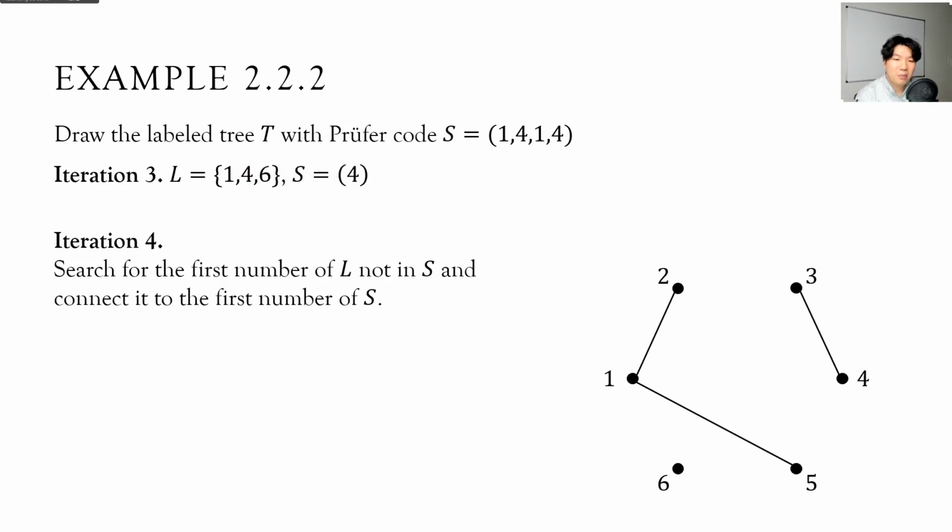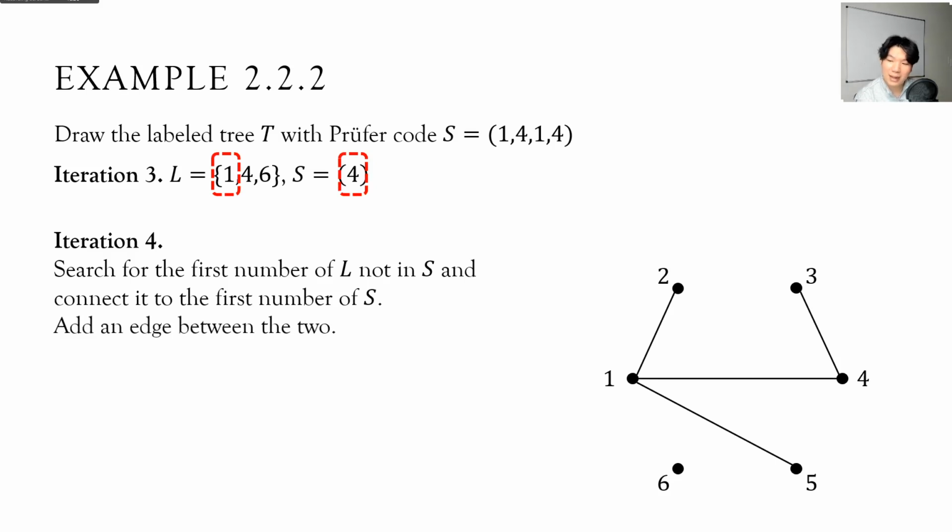So here, the data from iteration 3, we had 1, 4, 6, and S was just the entry 4. I'm going to go down and look at L and see what's the first number that does not belong to S. And I see that we have 1 here. And then the first entry of S, in this case, has to be 4. So I draw an edge between 1 and 4.